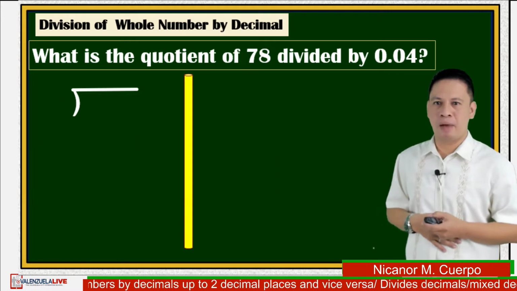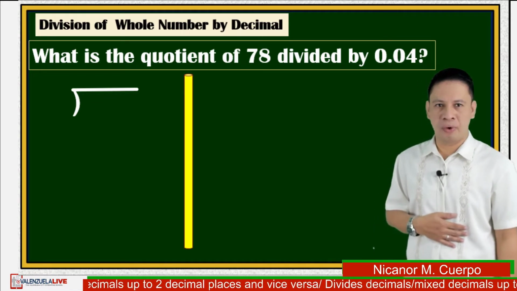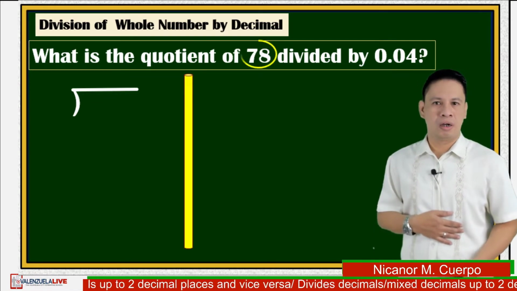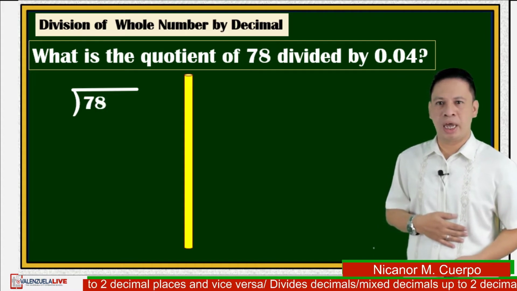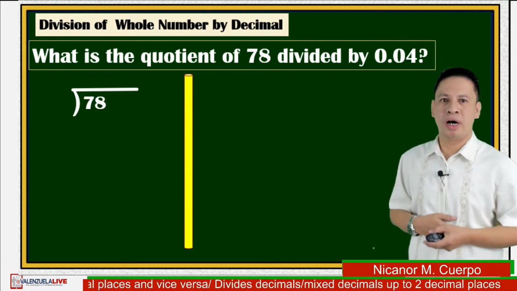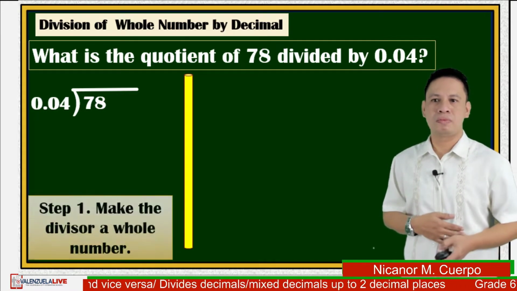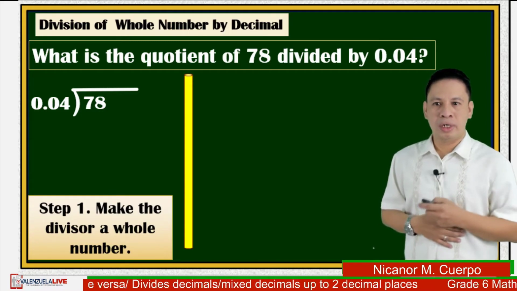Let's have another example. What is the quotient of 78 divided by 4 hundredths? Okay, let's put 78 inside as our dividend and 4 hundredths as our divisor. Then do step 1.